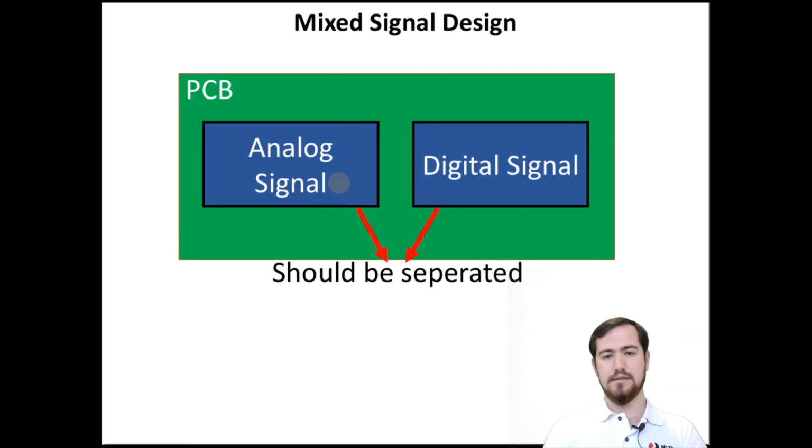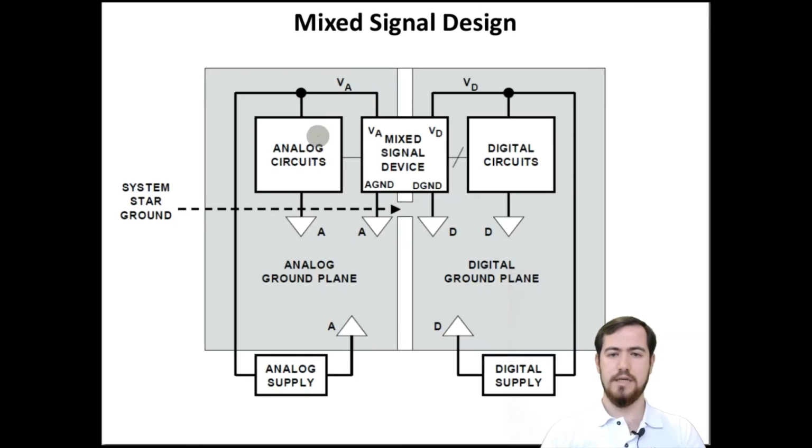Another thing that we need to pay attention to during our design is that we need to separate the ground signals for our analog signals, digital signals, and power signals. An example is given here. Let me draw the boundary of this region.